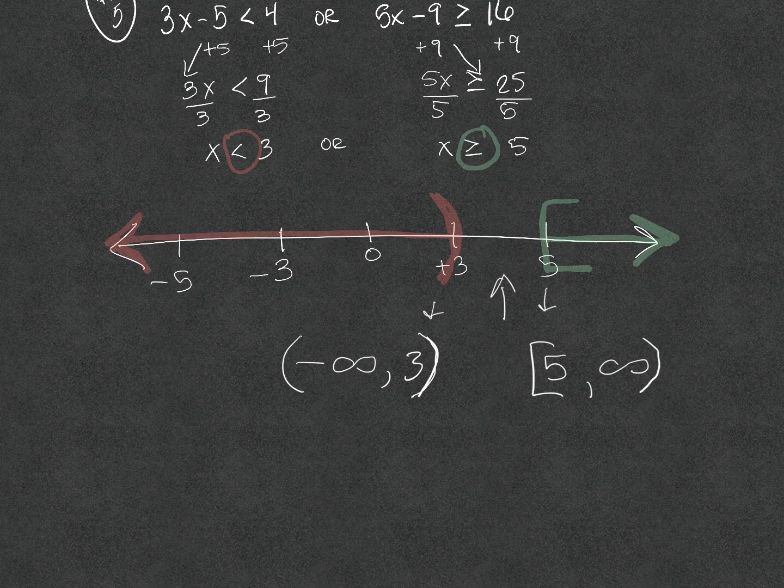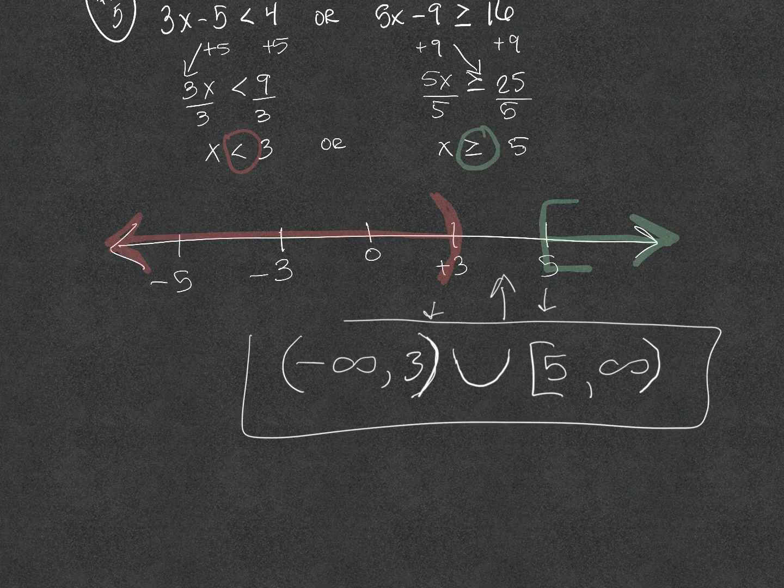Okay, so what goes in between is a little union symbol. Okay, and that tells someone looking at this particular notation that it does not include any number in between.